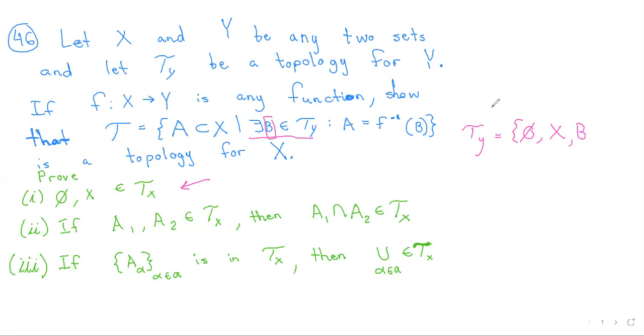It could be any set. And the topology that we're trying to prove will contain A in place of that B, where A is equal to the inverse image of B, and B is in topology Y.